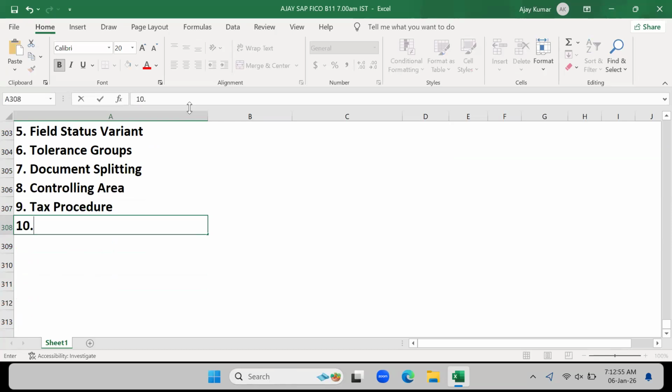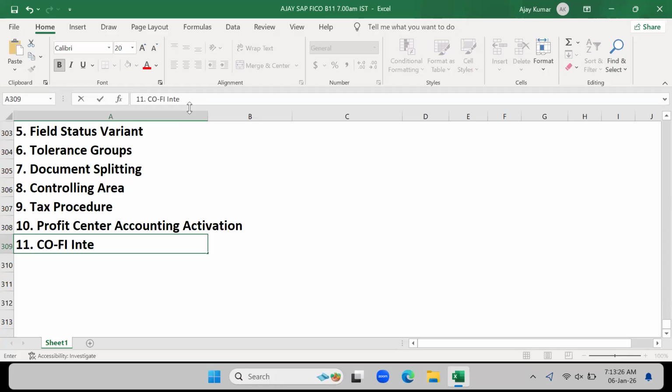And then 10th one, you can put profit center activation or profit center accounting activation. 11th one, COFI integration.